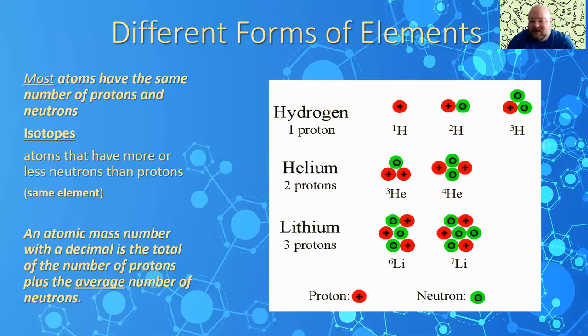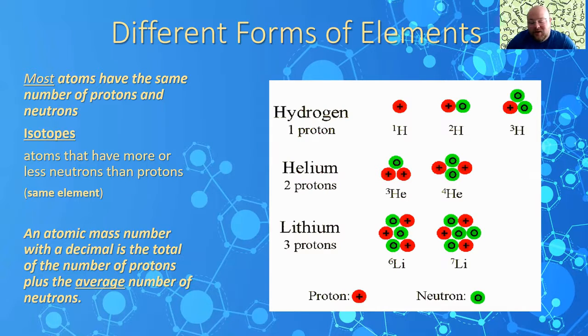Now, finally here, the atomic mass number with a decimal point, it has that decimal point on the periodic table because scientists have taken all of the possible isotopes, added them up, and taken an average number of the neutrons. So when you add them all up and divide them and get that average, that's where the mass comes from.